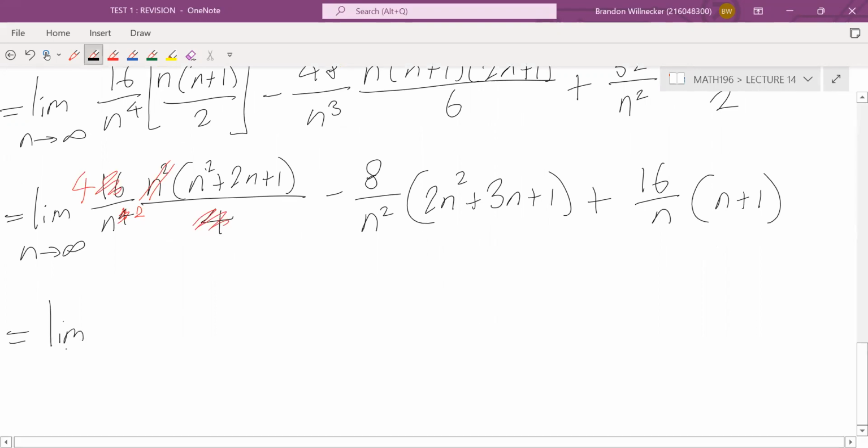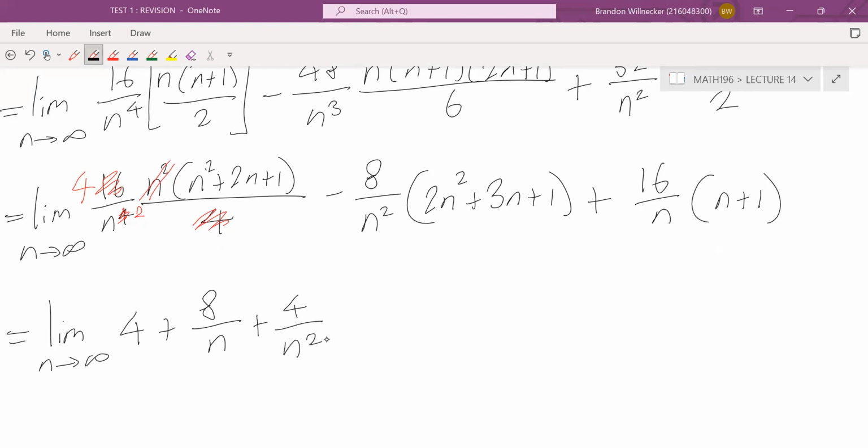So we're going to get the limit as n goes to infinity. 4 over n squared times n squared, that's going to be 4. 4 over n squared times 2n, that's going to be 8 over n. And then 4 over n squared times 1, that's going to be 4 over n squared.